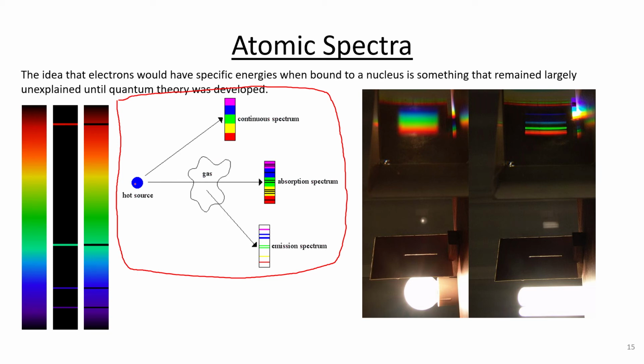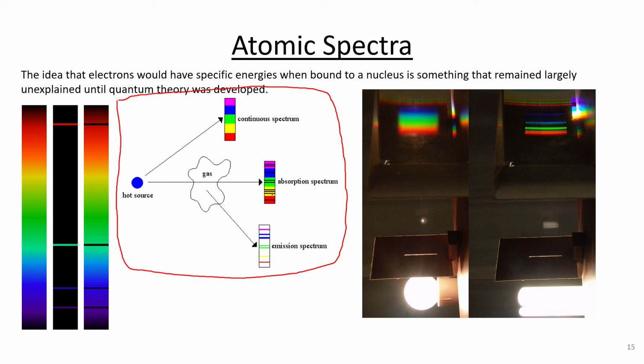But if you then look at the spectrum of the light from the hot source, again the sun, an incandescent bulb, something like that, but first that light has passed through a gas that absorbs it, then what you find is that there are a whole bunch of very specific places in this whole spectrum.